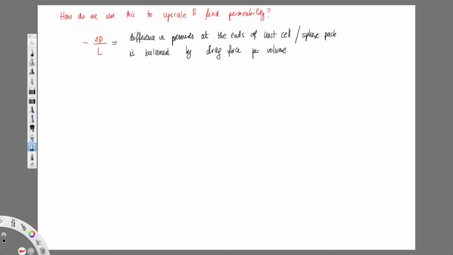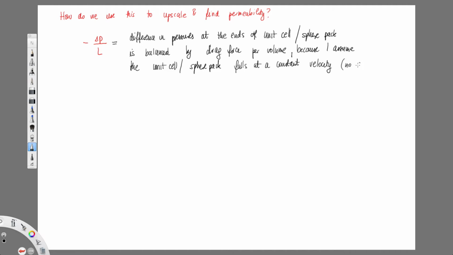I have a constant velocity, which is terminal velocity, because I assume the unit cell or sphere pack falls at a constant velocity.